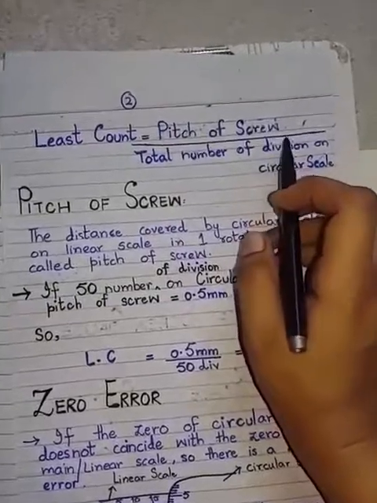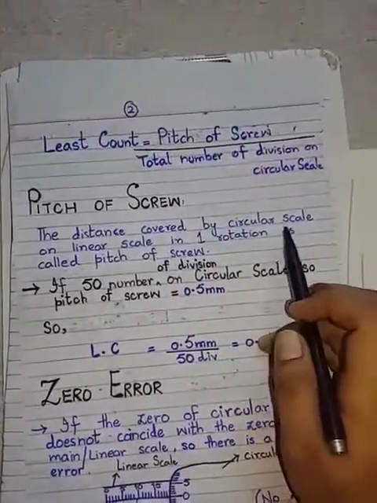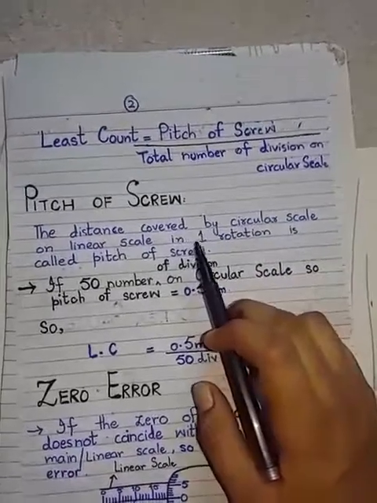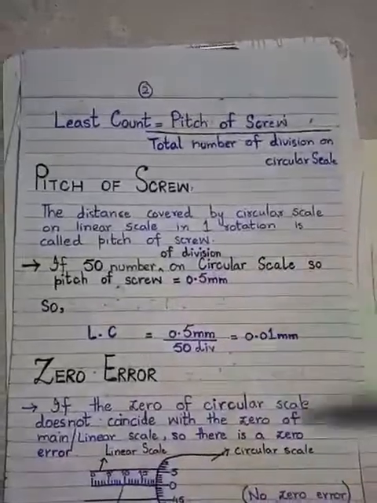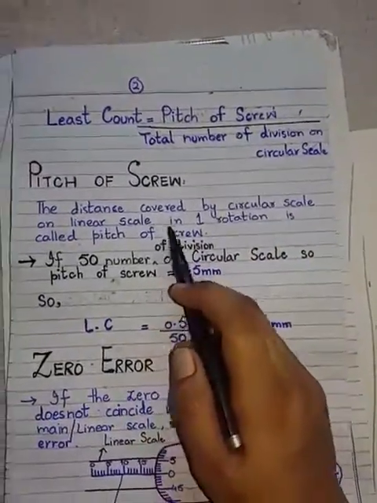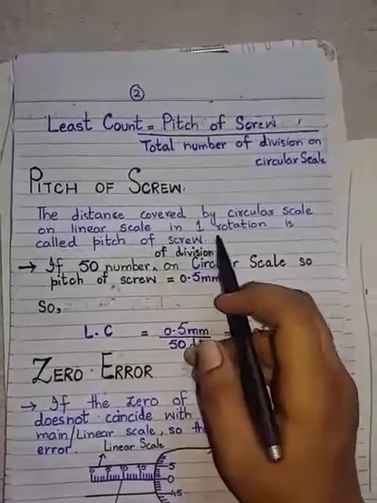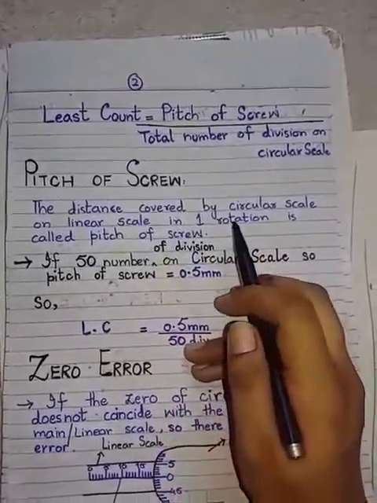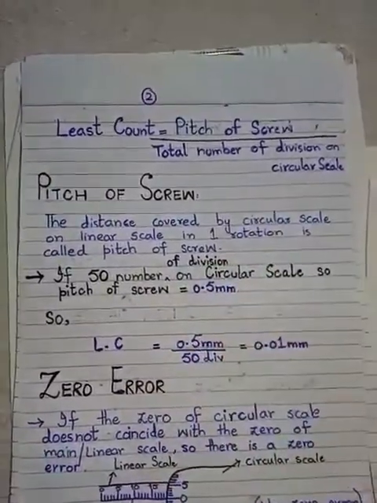Pitch of the screw means, girls, the distance covered by the circular scale on the linear scale. As I told you, the circular scale is the movable part that can be rotated, and the linear scale is the immovable part. So the distance covered by the circular scale on the linear scale in one complete rotation is known as the pitch of the screw.